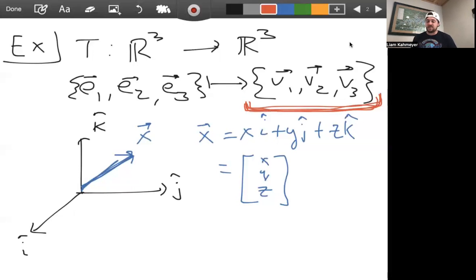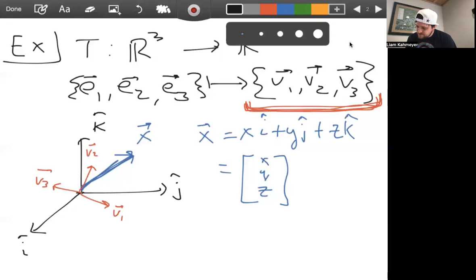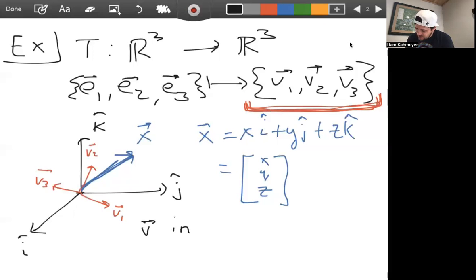But now let's suppose we want to understand the same vector, but in this new basis. So maybe we have some new basis like V1, V2, V3. And you may ask, what is the vector in a different basis?